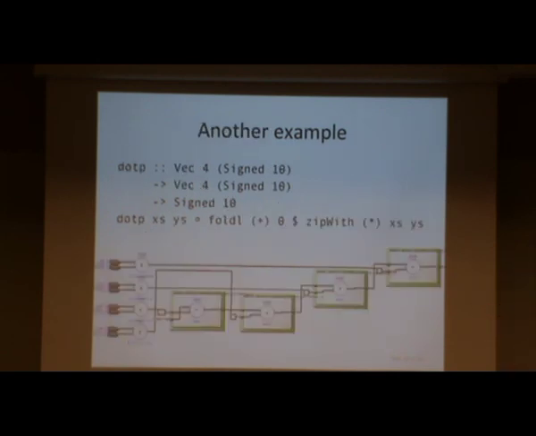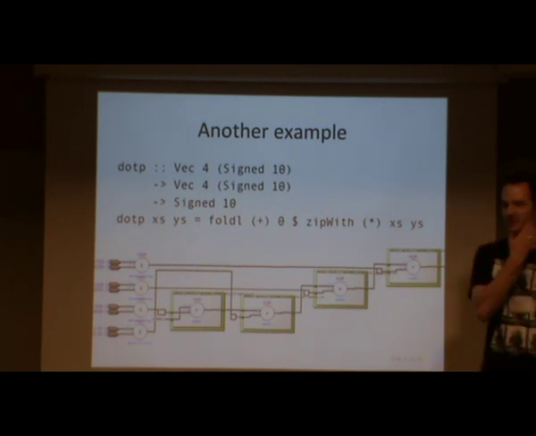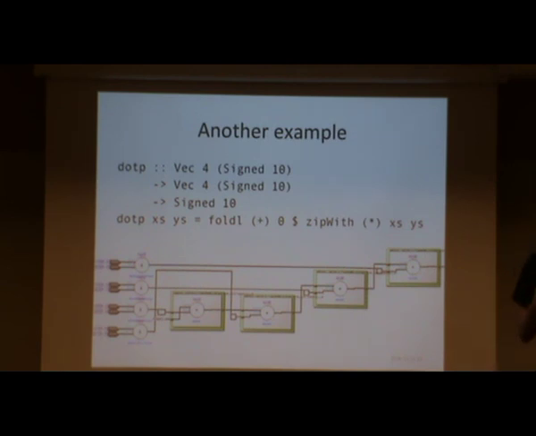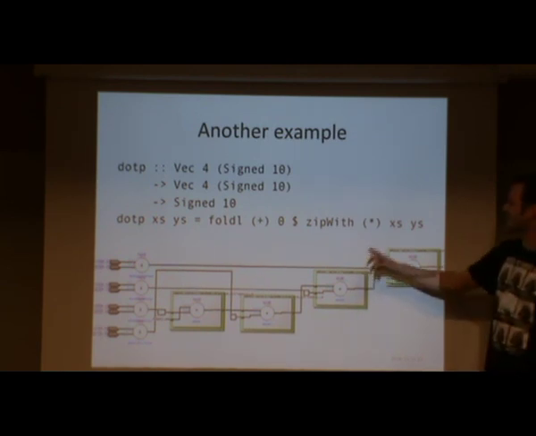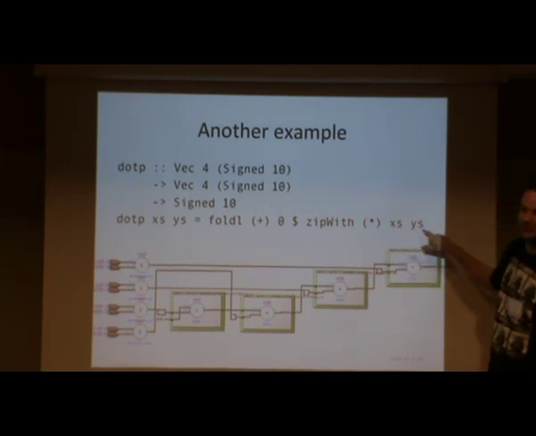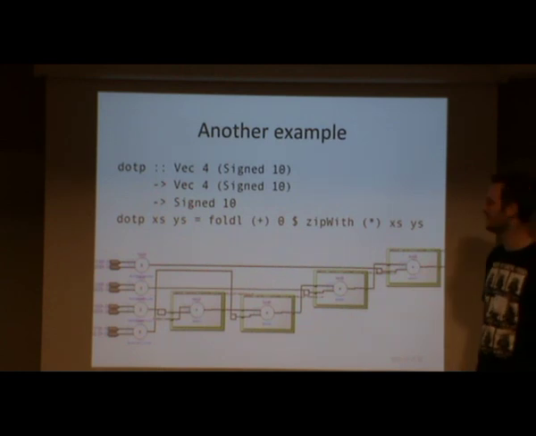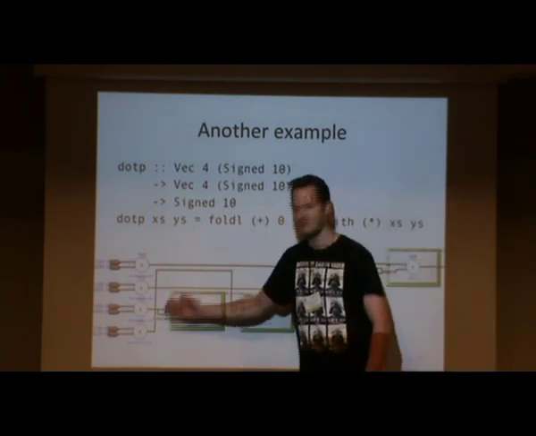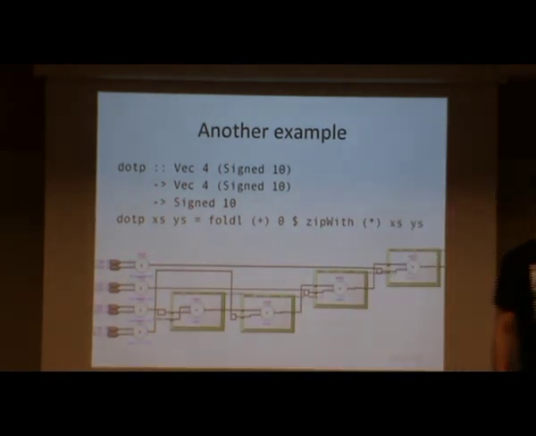But unlike Lava, we can also process just pure functions. In this case, a simple dot product, which is a pairwise multiplication and then a summation. Because when we multiply these two vectors the products are all independent, they get mapped to 4 parallel multiplications.